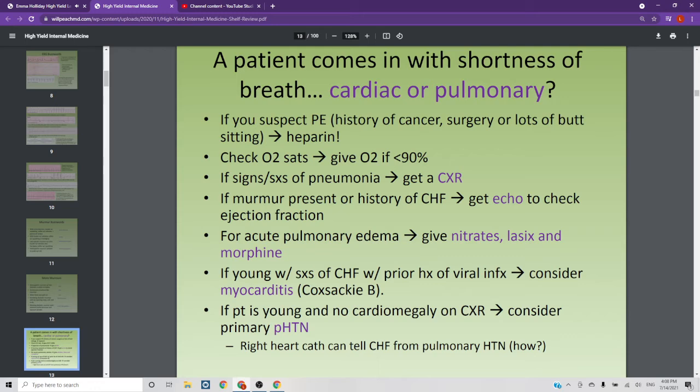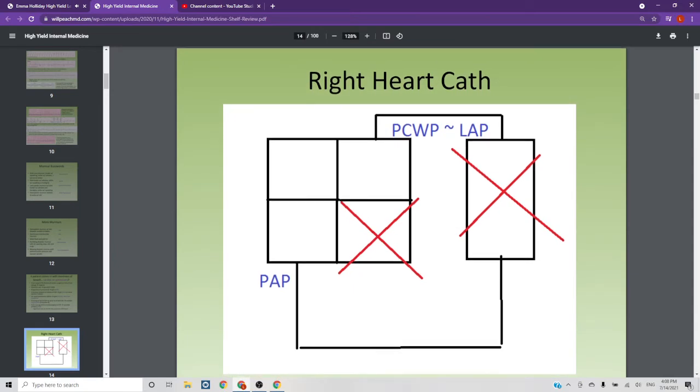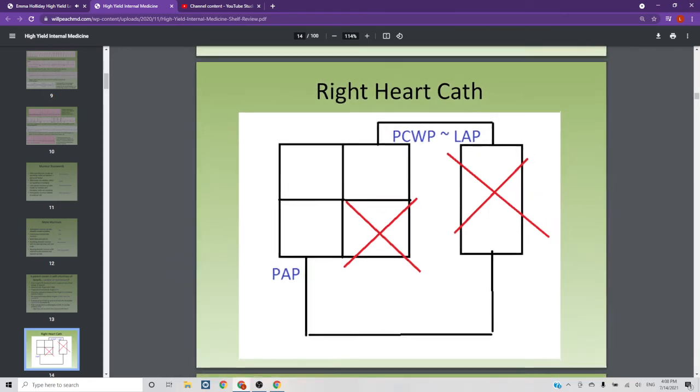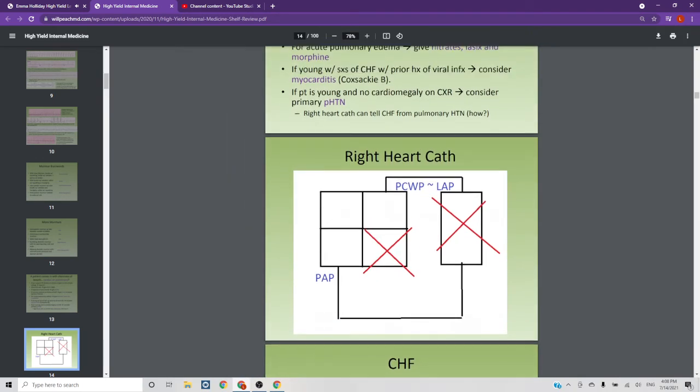So this is your heart over here. These are your lungs. And if the problem is your heart, the congestive heart failure, your ventricle can't contract, you're not propelling blood forward, it's going to back up here, right, into the left atrium. And pulmonary capillary wedge pressure we use as a surrogate for left atrial pressure. So in CHF, this is going to be high.